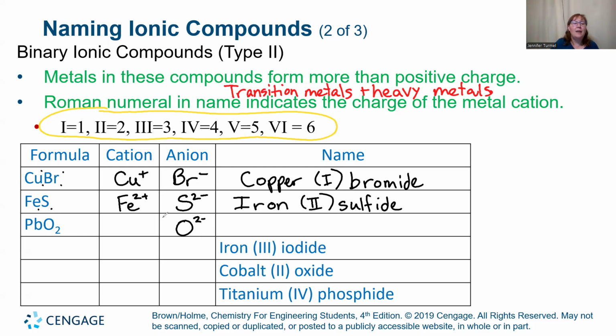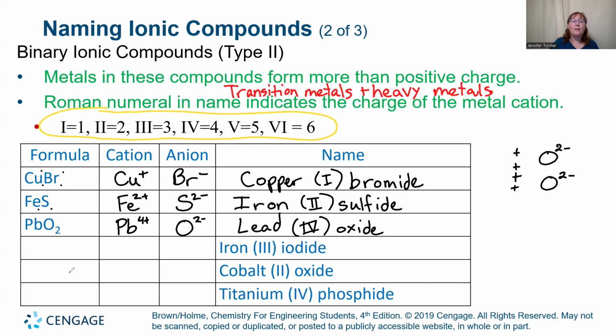So that means that if you have two of them, O2 minus and O2 minus, then you need to balance that out with 4 positive charges. 1, 2, 3, 4. There we go. Okay. So that means that this has to be Pb4 plus. Okay. And so that is lead 4 oxide.